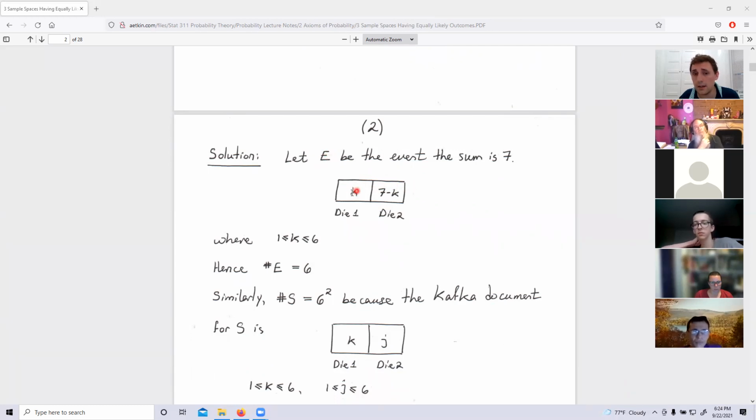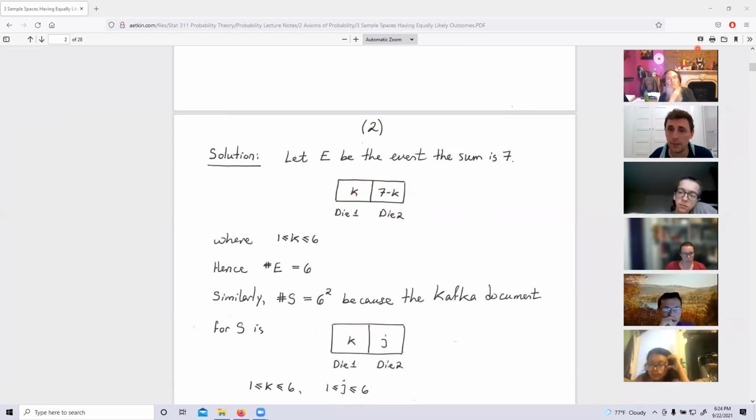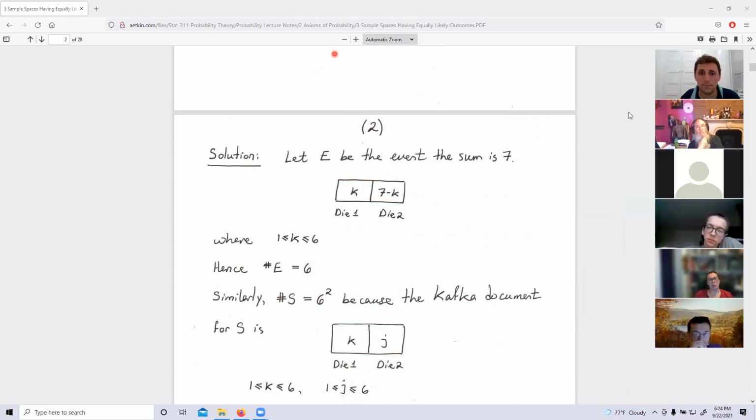Well, I have the result of die 1. If it's K, then die number 2 has to be 7 minus K. Do you agree? Because they have to add up to 7. So in fact, getting 7 is completely determined by the number I place for die number 1. The second is automatically filled. And K is between 1 and 6. That means that the number of outcomes in E is 6.